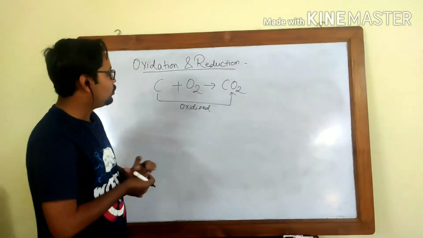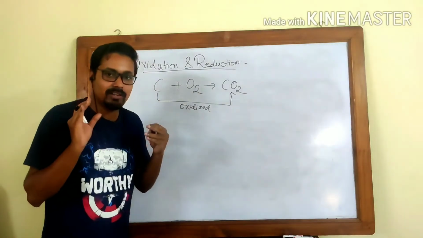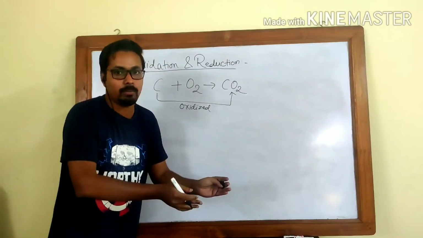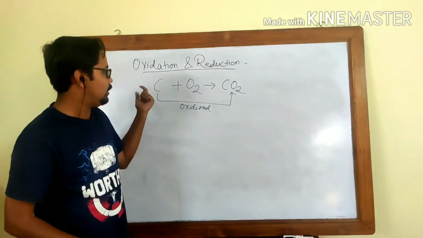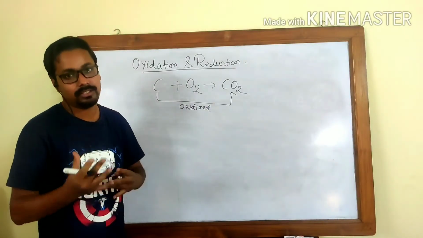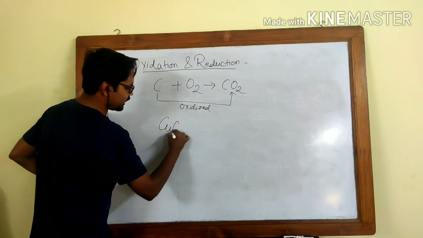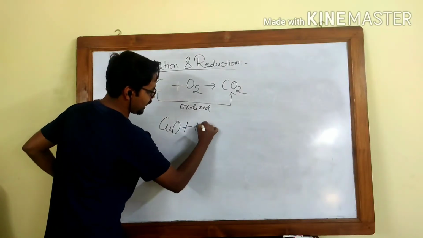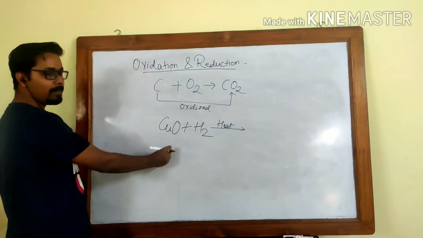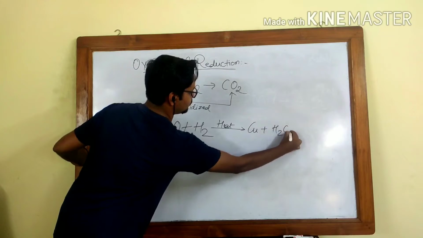Now let us move on to see a reduction reaction. Reduction reaction, by the definition we have learned till now, is losing of oxygen. Oxygen must be lost from a compound in order to get a reduction reaction. So let's look at one of the examples. Copper oxide, when it reacts with hydrogen and heat is supplied, forms copper and water.